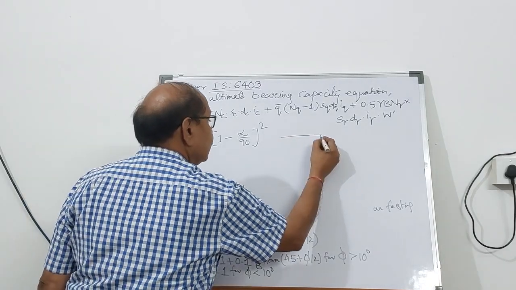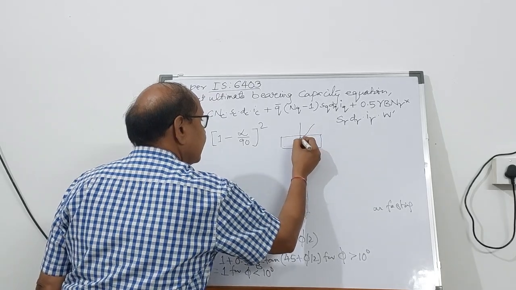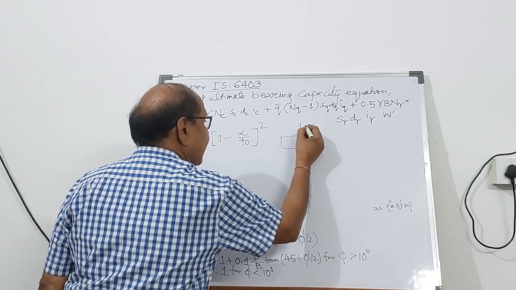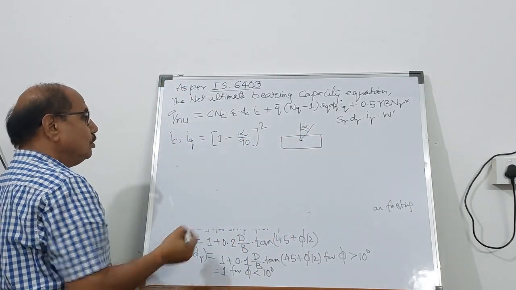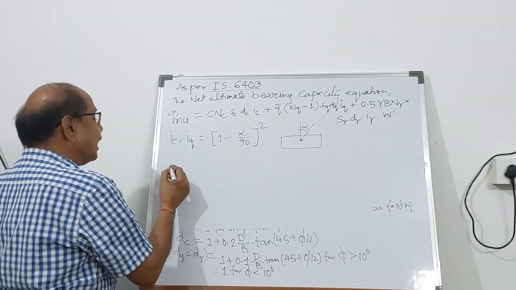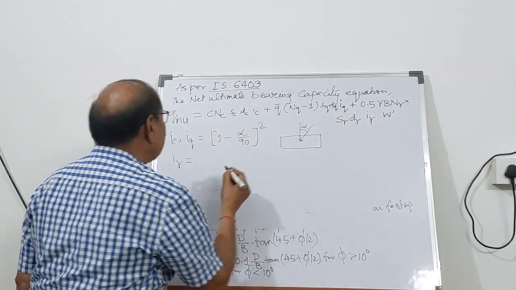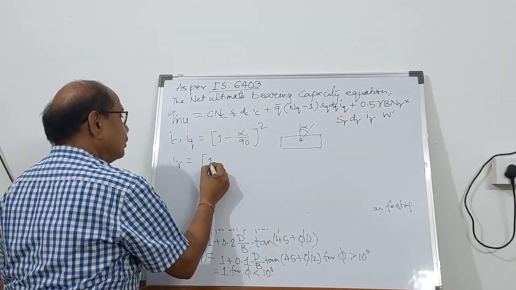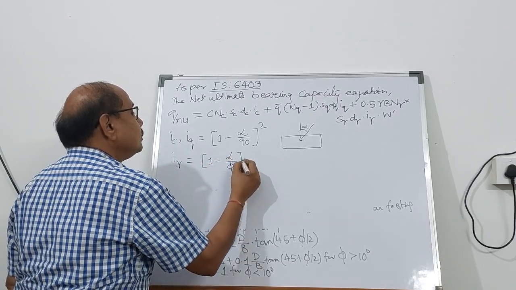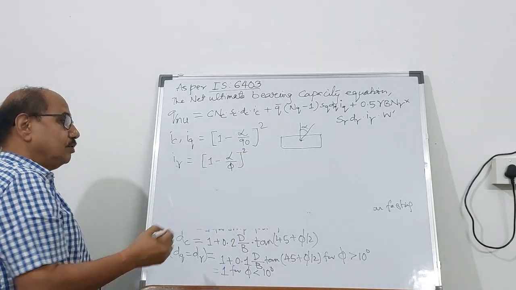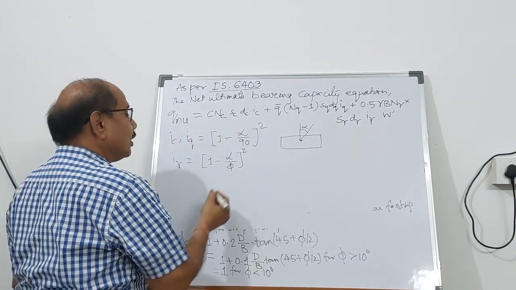So if you have a footing and the load is inclined, making an angle alpha with the vertical, you can calculate Ic and Iq using this expression. And I gamma is given as 1 minus alpha by phi, whole square, where phi is the angle of friction and both alpha and phi are in degrees. So all things you can find out.